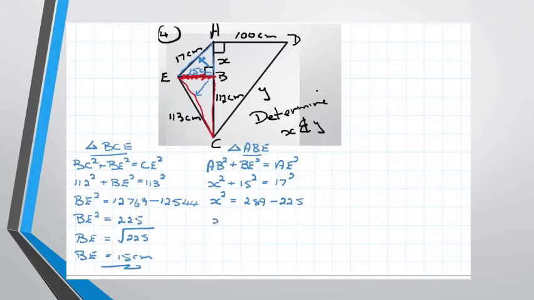If I'm subtracting those two values now, I'm going to be left with the answer of 64. Therefore x is going to give me the square root of 64. Answer for x to be 8 centimeters, and I put it in immediately, 8 centimeters.